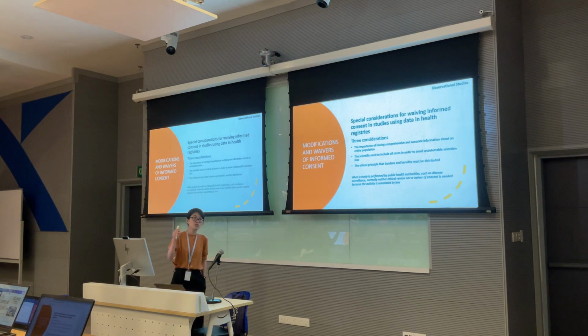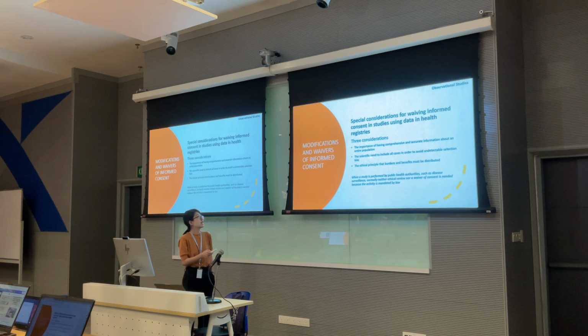For this you need to obtain the data from a registry. So you can have special considerations to waive the consent, provided there is importance in having comprehensive and accurate information about the entire population. So you need all the information about the whole population.